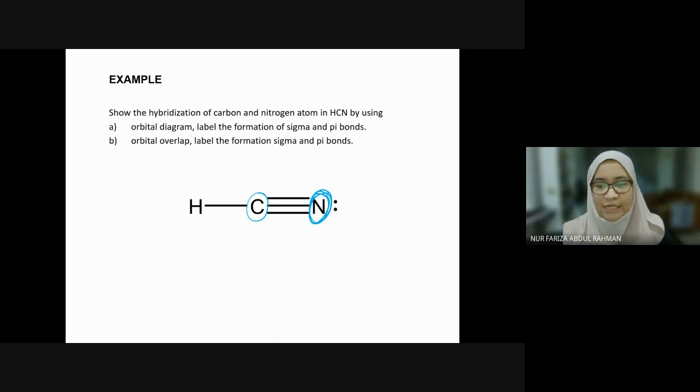Okay, a terminal that forms multiple bond with the central will also be hybridized. Please take note of that.